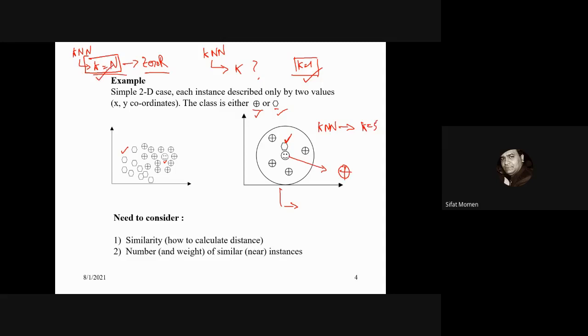Of course, the next question that could come is, then what is the right value of k to use? There is nothing called the right value of k. It varies from one data set to another data set. So that's why when we experiment, we try with different values of k, and see which one gives us the best accuracy for the test set. Okay, so that's a way experimentally we can figure it out.